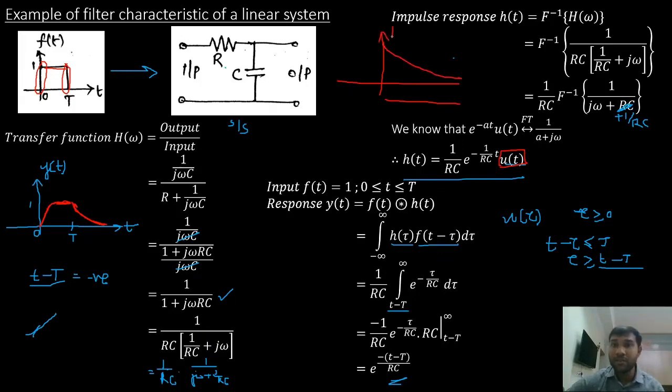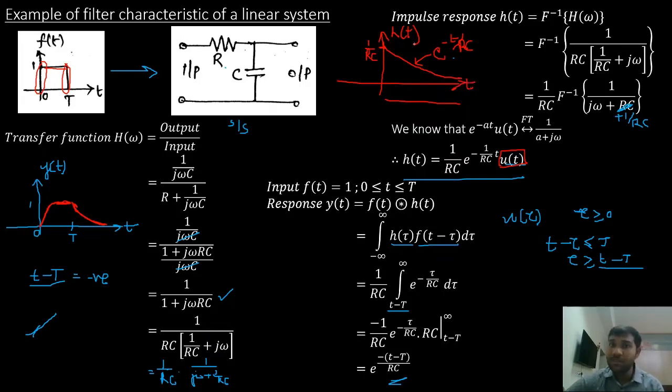This is my h of t. This is the exponential decay signal, e power minus t by RC. And at this point, it's going to be 1 by RC. That is my maximum amplitude. So this is my impulse response. It is only defined for the positive values of t, and for negative values of t, it is 0.